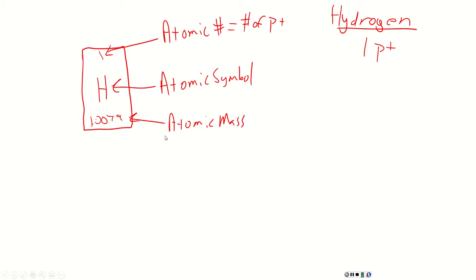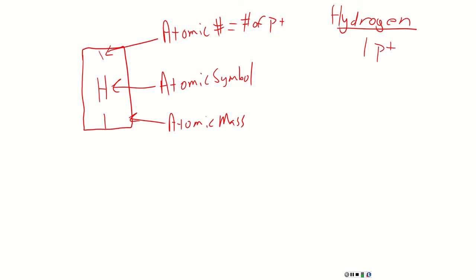Now let's look down at the bottom, the atomic mass. Even if we don't see that it is rounded, we will always round it to the nearest whole number. So 1.0079, I'm going to round that to 1. Sometimes you'll round it up, sometimes you'll round it down.